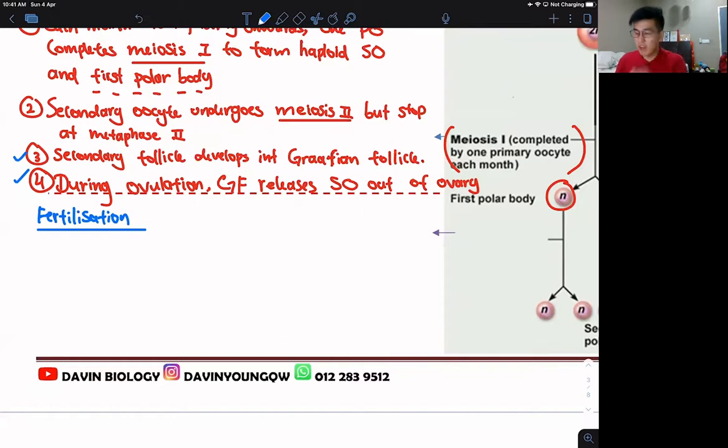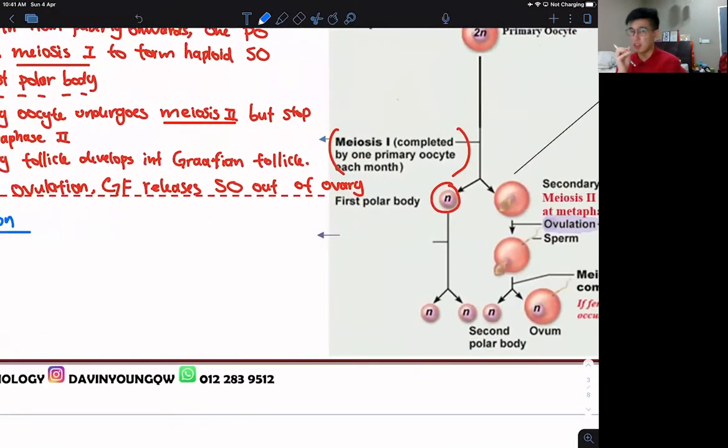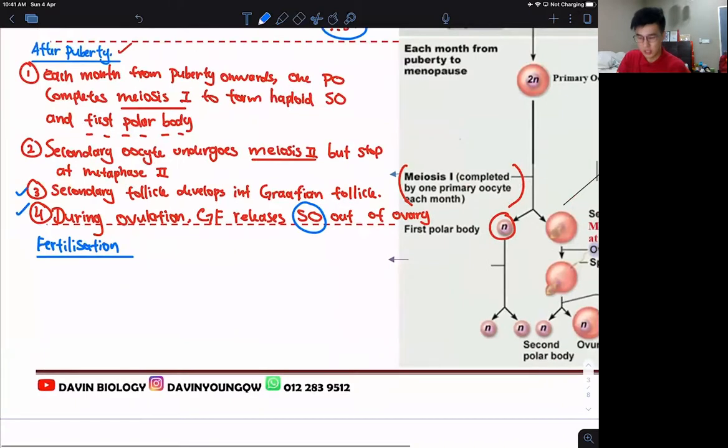So again, every time we say sperm fertilizes ovum is not exactly accurate. Sperm actually fertilizes the secondary oocyte. So what we're going to write here is what will happen depending on whether fertilization occurs or not. So we assume now, let's say fertilization occurs.